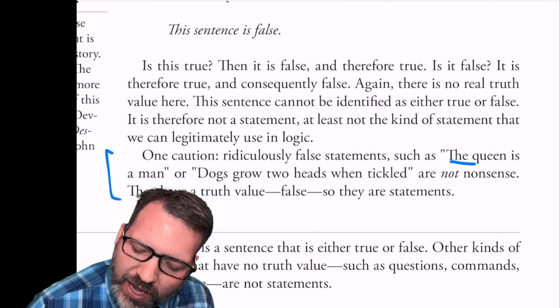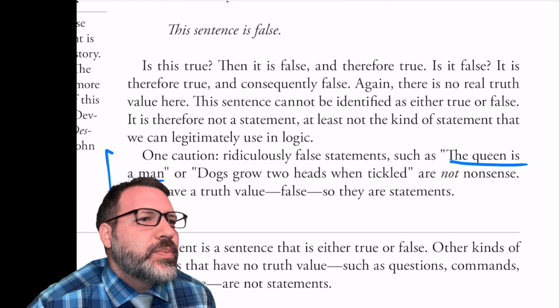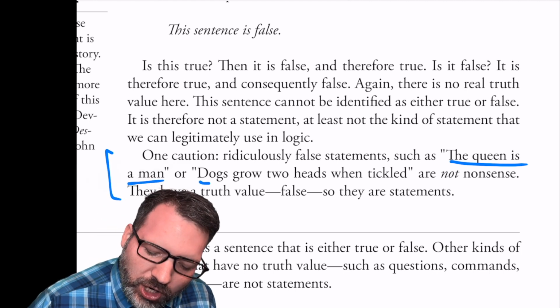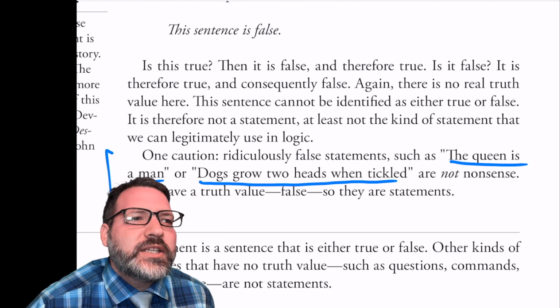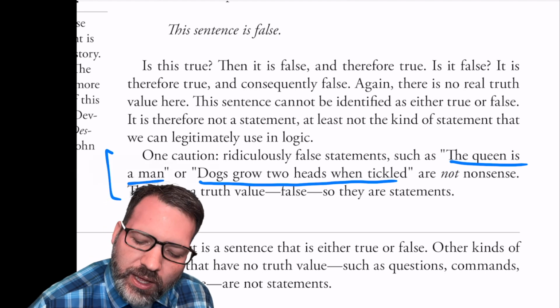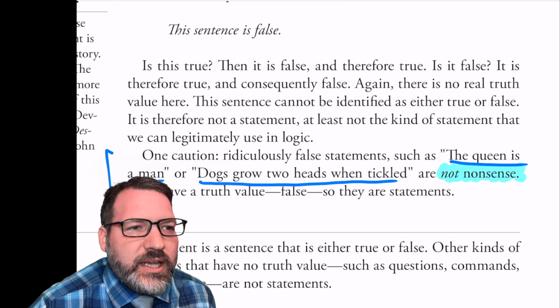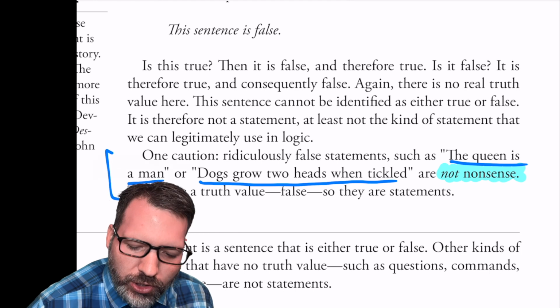So if we can understand what a sentence means, and maybe it sounds ridiculous, but we realize, oh, it's just false. Or something here, dogs grow 2 heads when tickled. Well, that's ridiculous, right? Although it sounds silly, these are not nonsense. Instead, they have a truth value. They're simply false. So you want to be really careful.